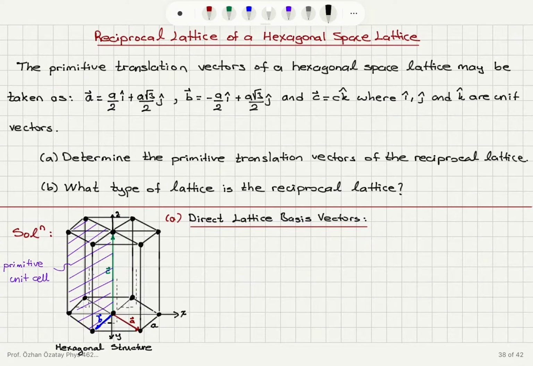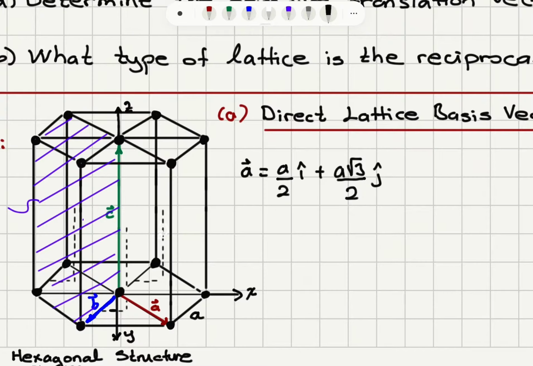Okay, so let's start with direct lattice basis vectors. We have the a vector, that is a over 2 i hat plus a square root 3 over 2 j hat. And you can see why that is the case here. The angle between these lines here will be 60 degrees.